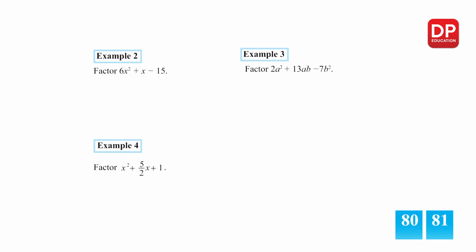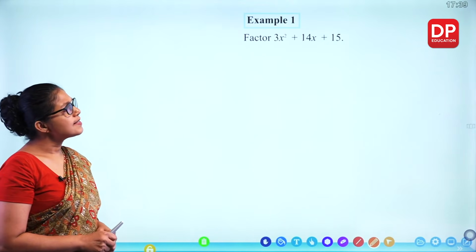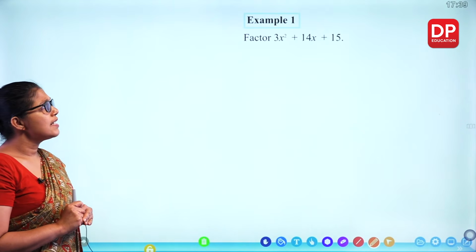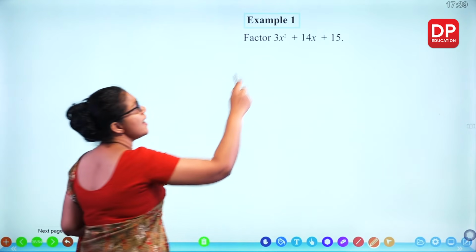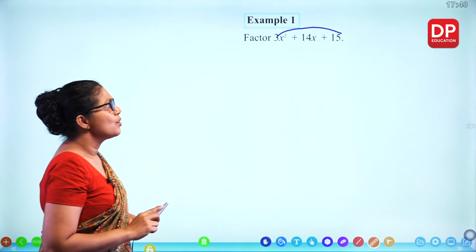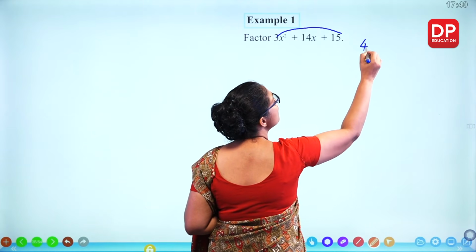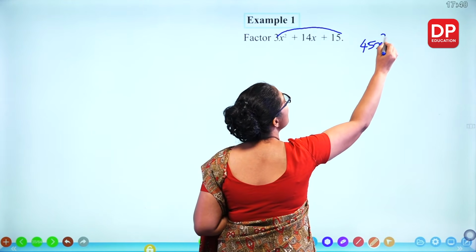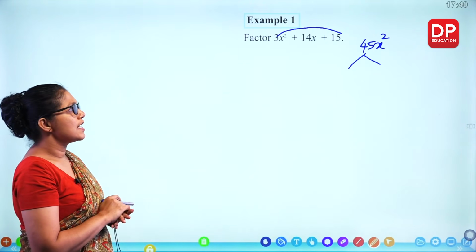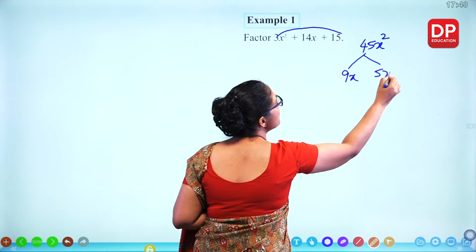So now we'll look at more examples. In this example, you can see there's a coefficient in front of x squared, and we need to multiply these two. So 3 and 15, when you multiply 3 and 15, you get 45. So here you get 45 x squared. Now what are the factors of 45 that give 14? Here 9 times 5. So 9 and 5 are the factors.